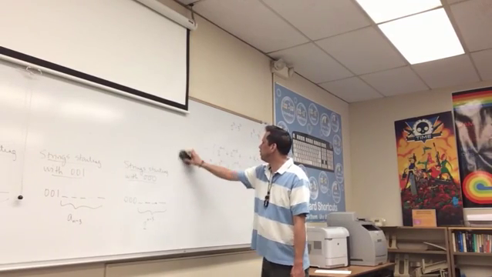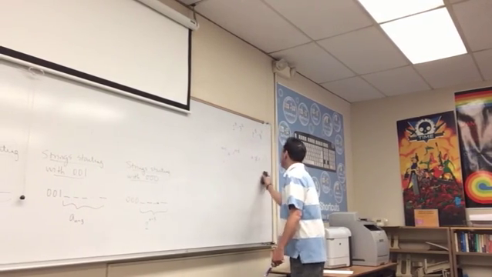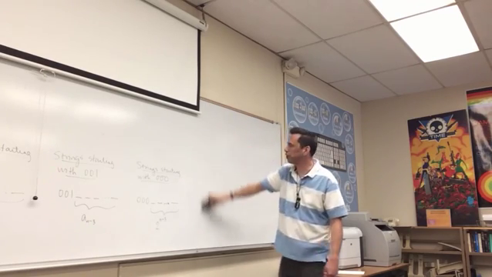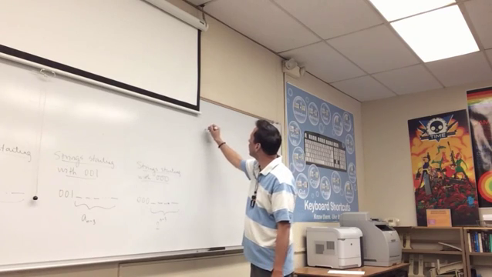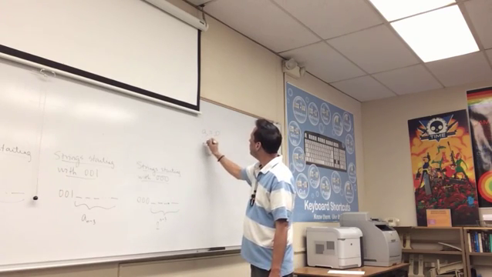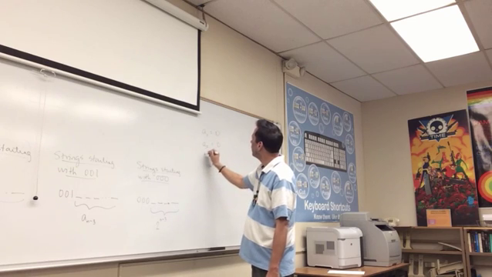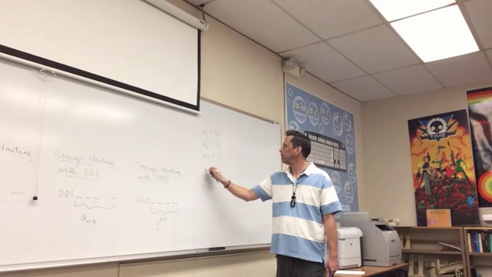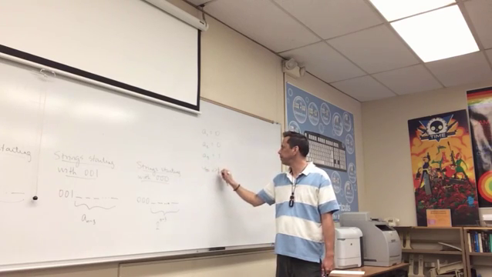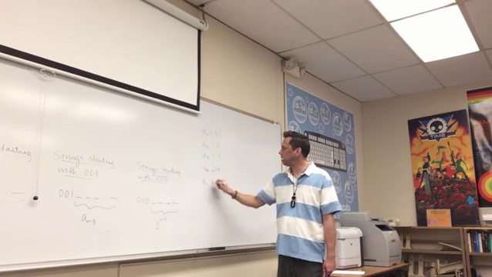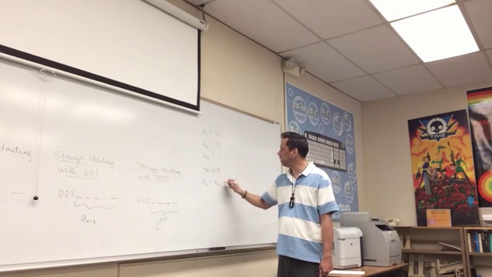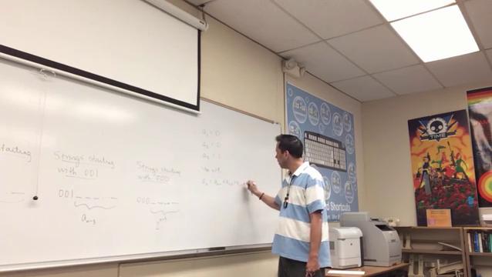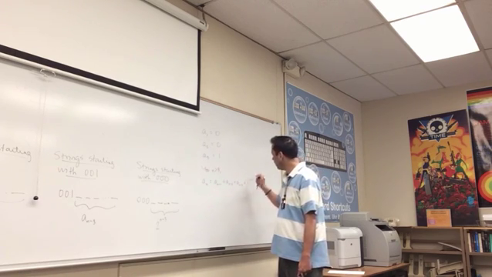So the recurrence relation for a sub n: first of all, the initial conditions are a1 is 0, a2 is 0, a3 is 1, and then for n greater than 3, a sub n is equal to a sub n minus 1 plus a sub n minus 2 plus a sub n minus 3 plus 2 to the power n minus 3.